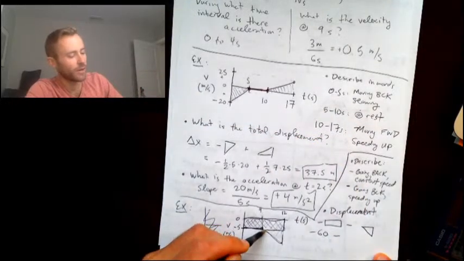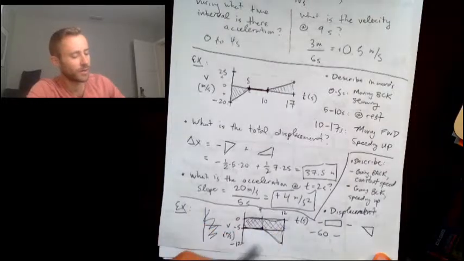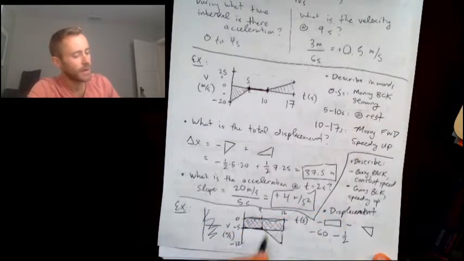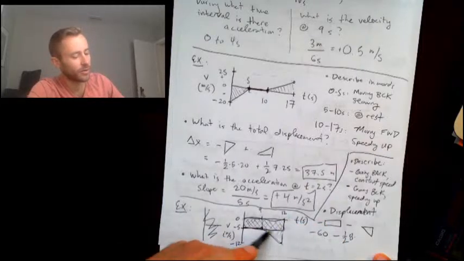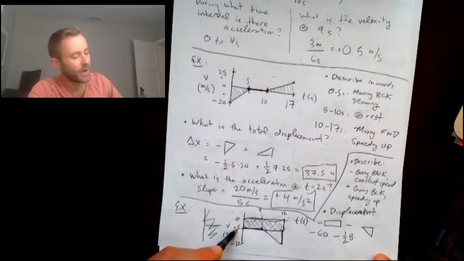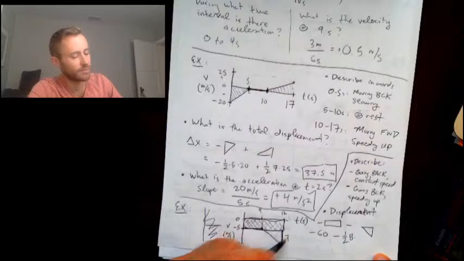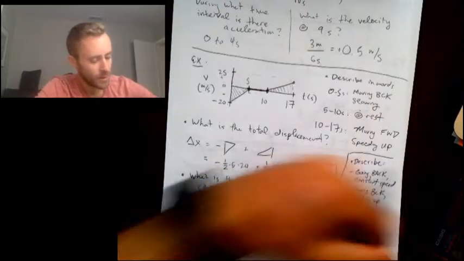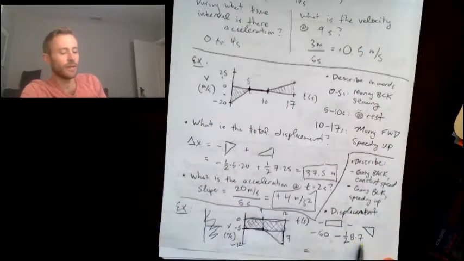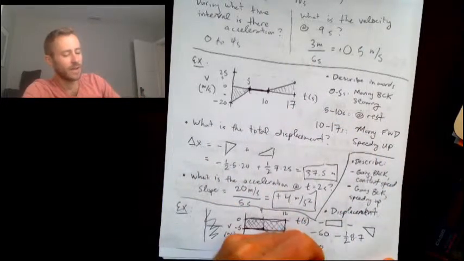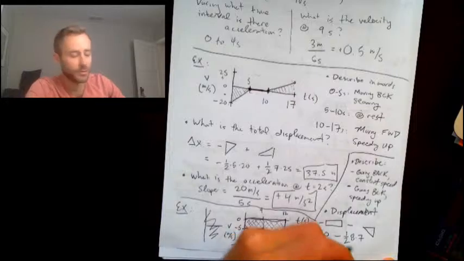And then for the triangle, I go from 4 to 12. That's 8 wide. And then the triangle goes from 5 to 12, so that's 7. Okay. So this is -28, so I get -88 meters is the displacement.